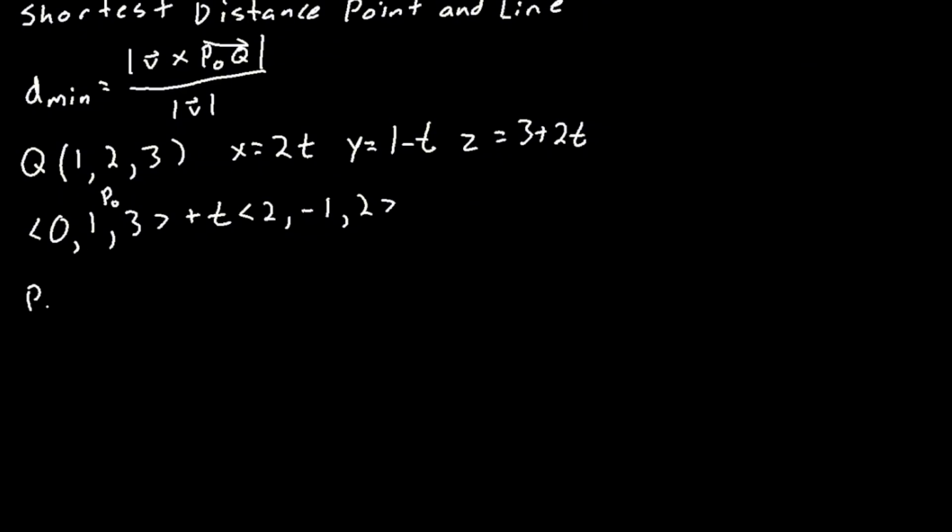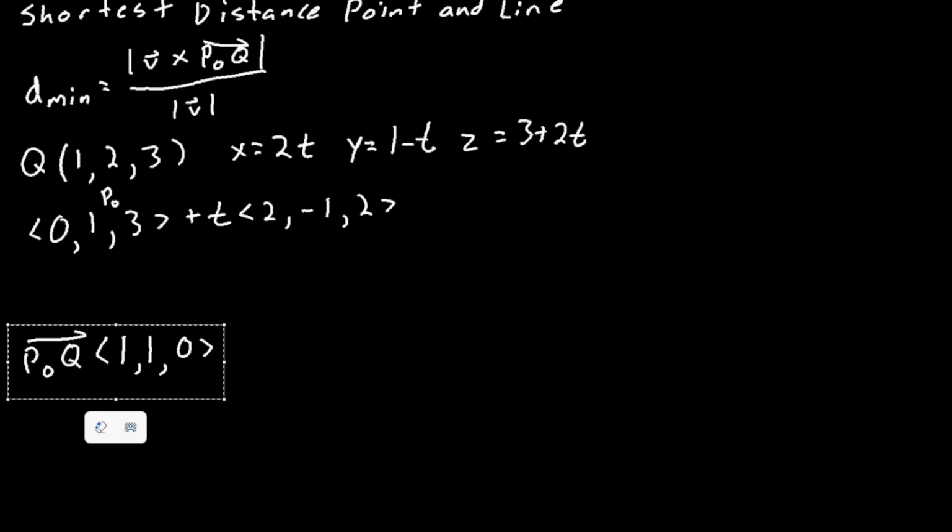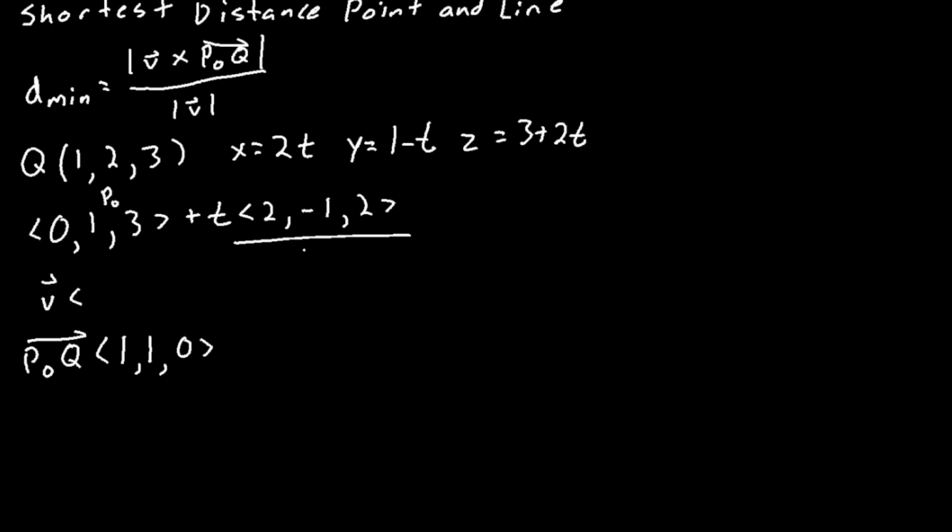So the vector from P null to Q is (1, 1, 0). And the vector V is this vector here that is parallel to the line. So we can just copy it down.